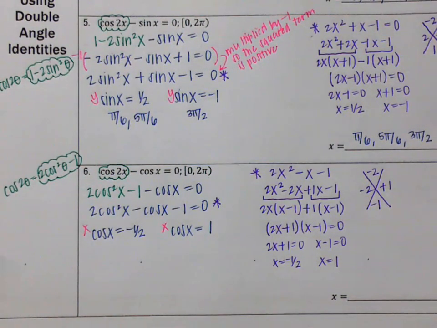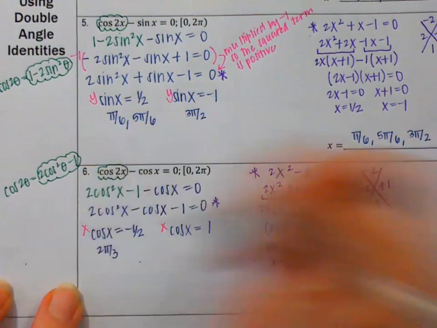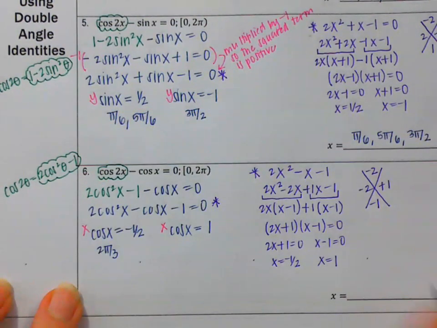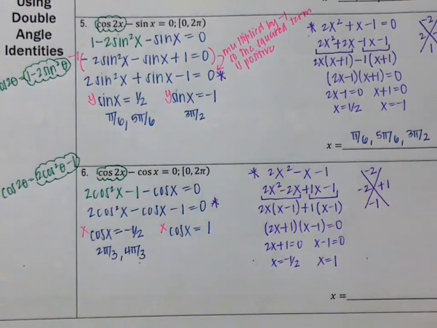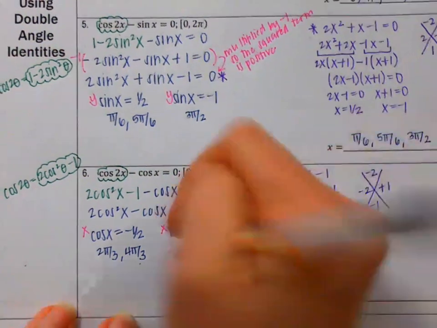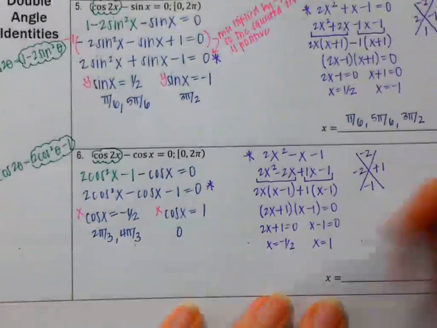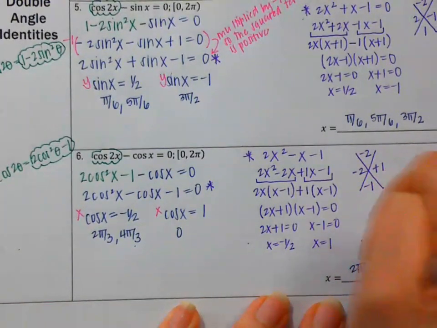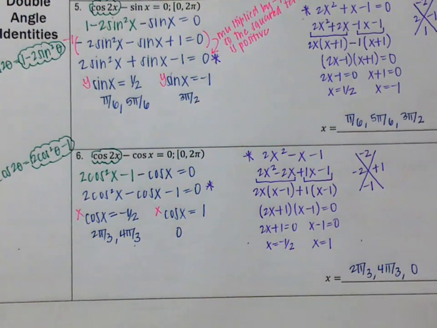So looking at my unit circle, that looks like it's at 2 pi over 3 and 4 pi over 3. And then where does the x value equal 1? It looks like it's only at 0. So I have 3 answers: 2 pi over 3, 4 pi over 3, and 0. And that is it.